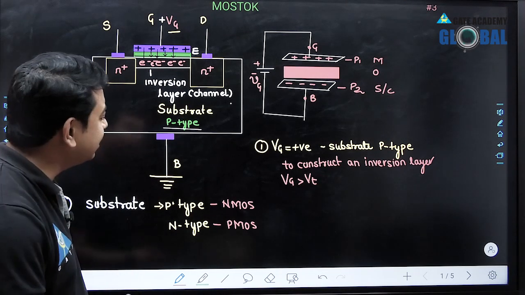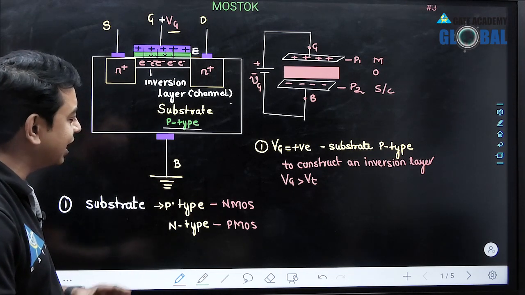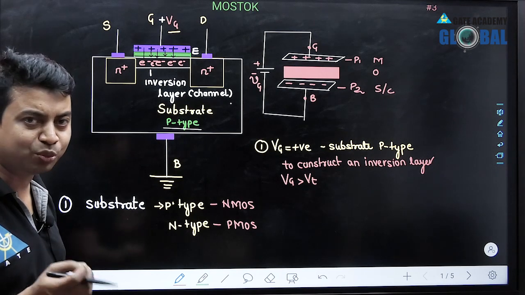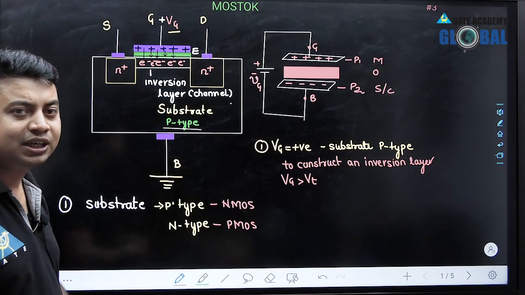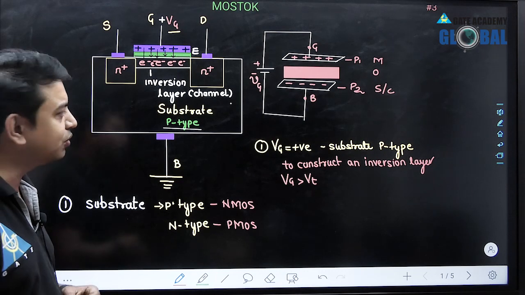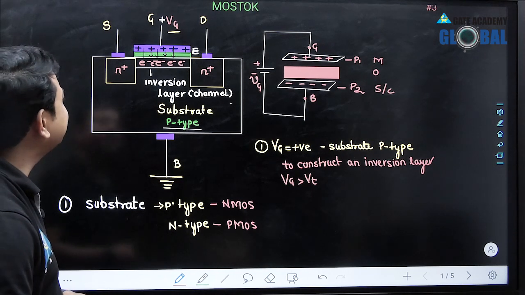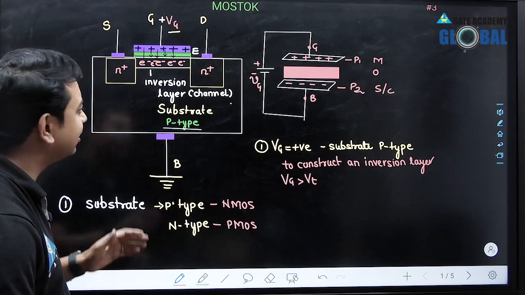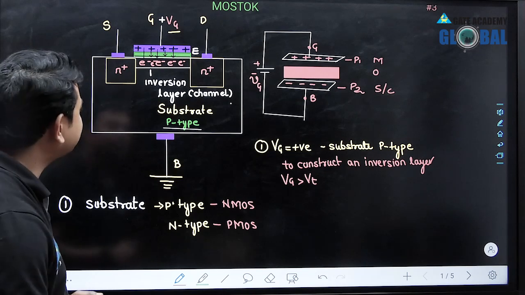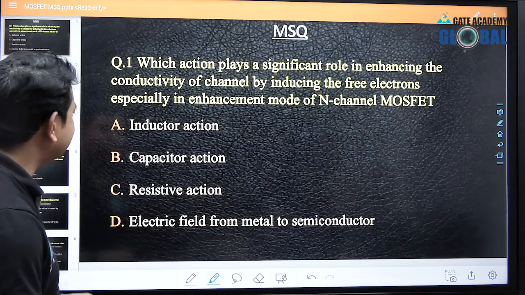And the second thing that we have to understand is that in NMOS we are having only one type of charge carriers that will help for the conduction of current. So sir, I can't see any conduction of current here. I want to see the conduction of current, and I want to solve this question also.